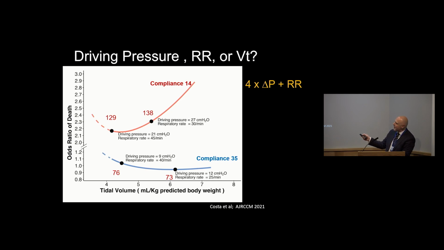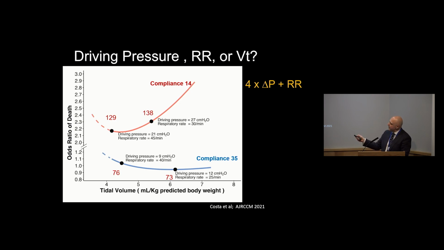So now if you combine these two and you multiply the driving pressure by 4 and you add the respiratory rate, I've done that for you and I've done it twice, so I think he's right, is 129. Now, if you want to see whether it's best to give more respiratory rate or more tidal volume, let's say that now your driving pressure is increased, so you give more tidal volume and less rate. You do the same operation again, and you can see that this number is 138.